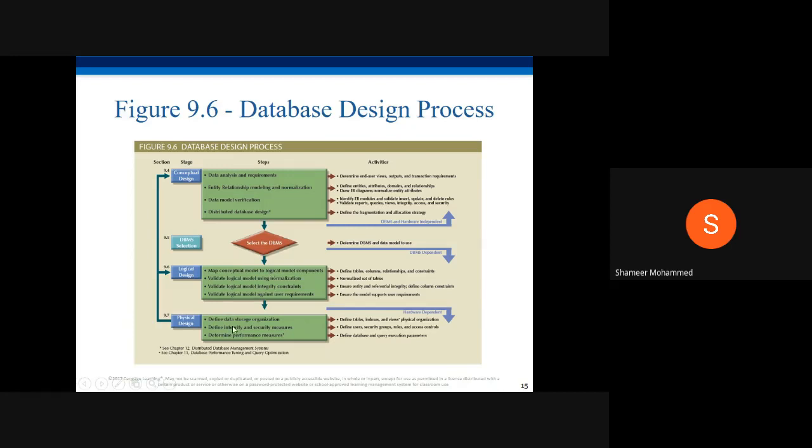Then the last stage of design, physical design: storage details, indexing details, security information for the users, how to access the data. Those steps, those procedures will be performed here. This is your design process.